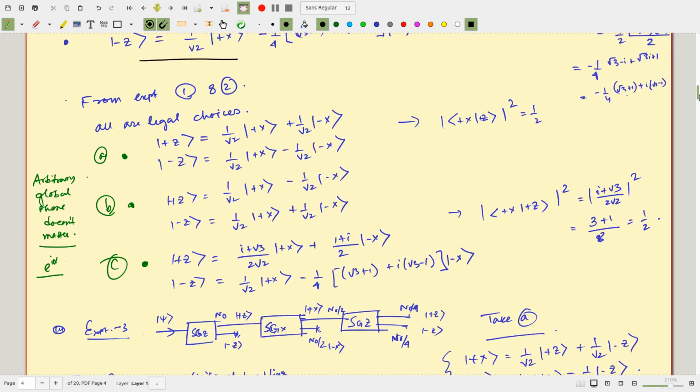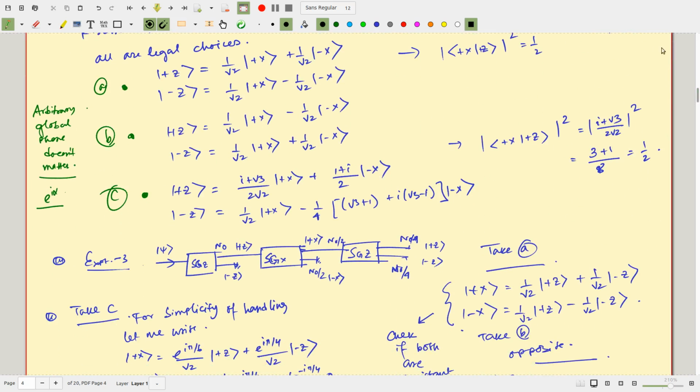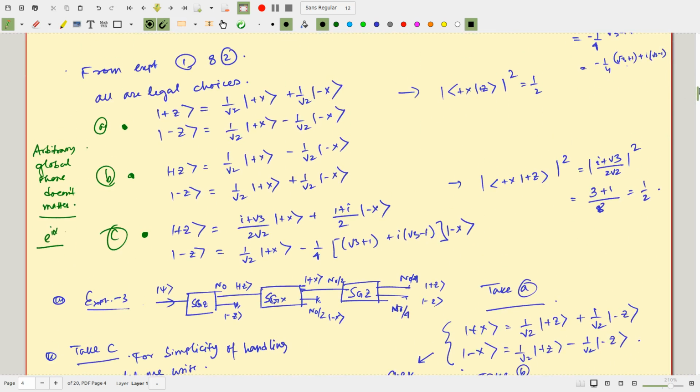So, now if I notice what we just found by making various choices, from experiment 1 and 2 there are all these equivalent ways of expressing plus z minus z as a plus x and minus x, and all of them are consistent with the experiment.